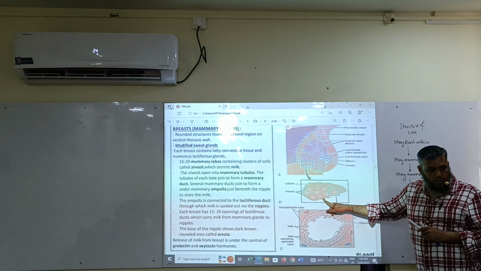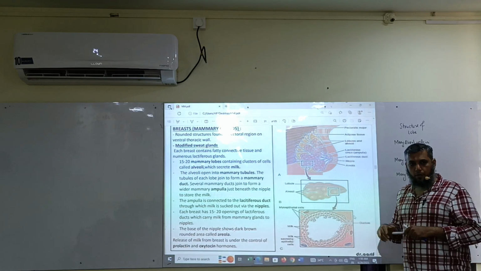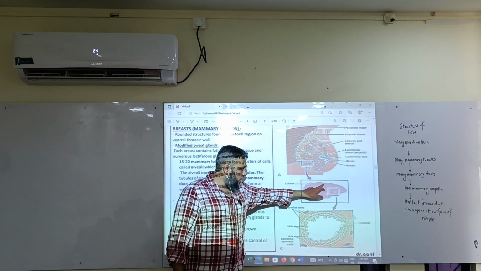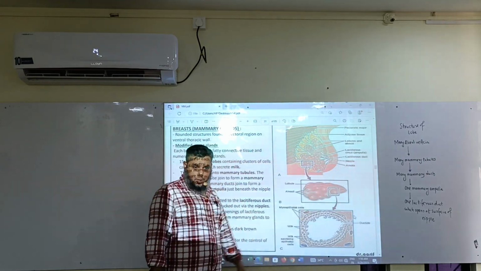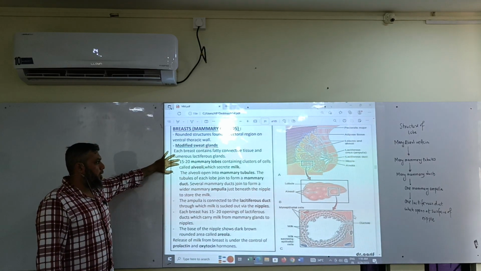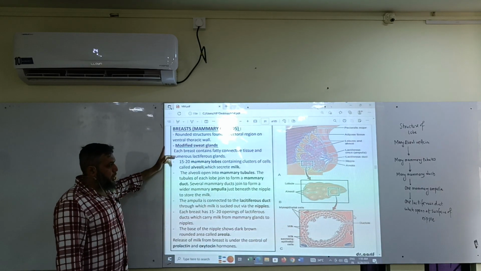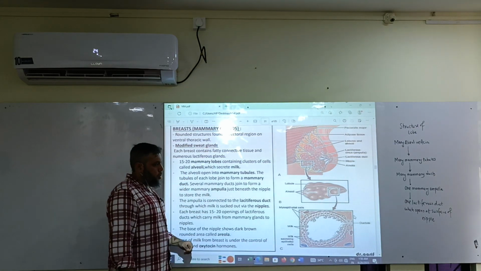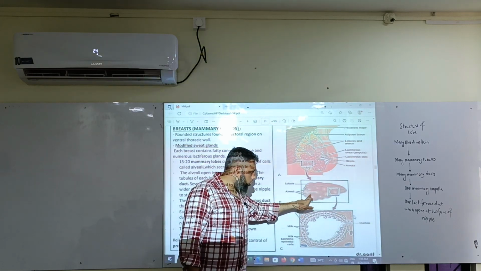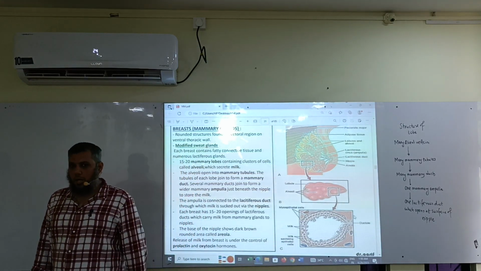These grape-like structures are called as the alveoli, or it is called as the acini. So each breast is made up of, you see this one, what is this one? Lobule. Okay, such you have about 15 to 20 lobes. Got my point? And each lobe shows the presence of many milk producing structures, which is called as an alveoli or acini.